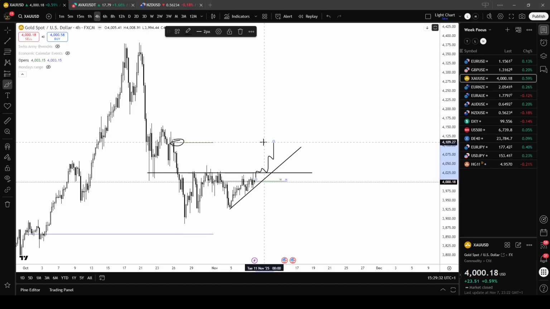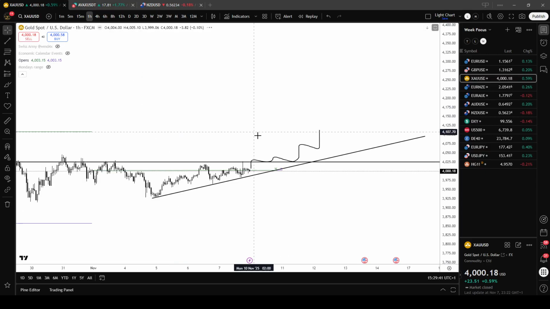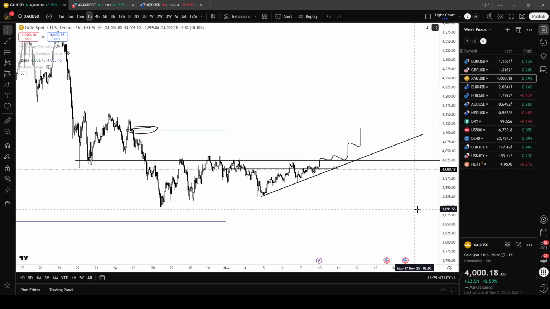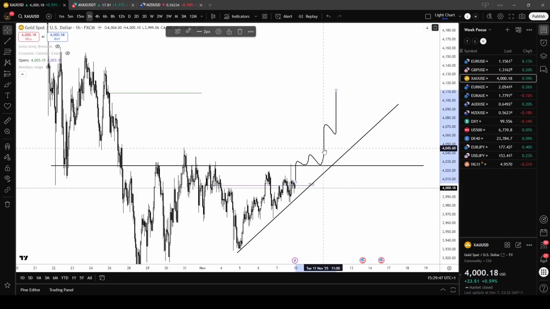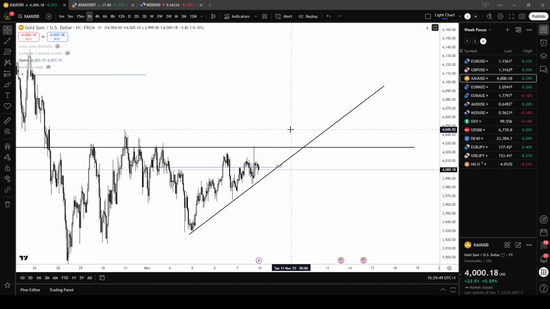In general, next week looks like a week to get short the USD. So you choose your instrument that you like the most. But going to this setup, how am I going to engage long? Well, there's two scenarios.